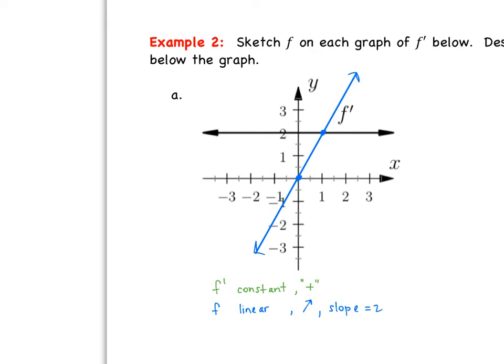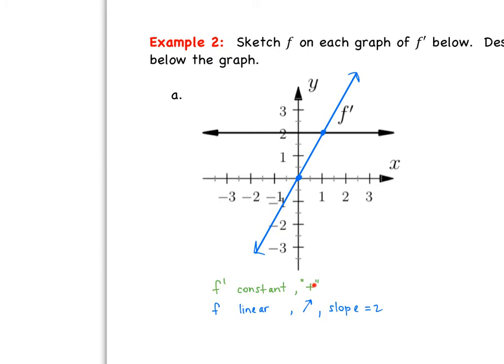Okay, our next example is the reverse. Now we are given the graph of f prime, and we have to sketch the graph of f. So we're working in reverse. I take a look and ask, what do we know about f prime? One, I notice that f prime is constant. I also notice that f prime is positive. Since f prime is constant, I know f has to be linear.